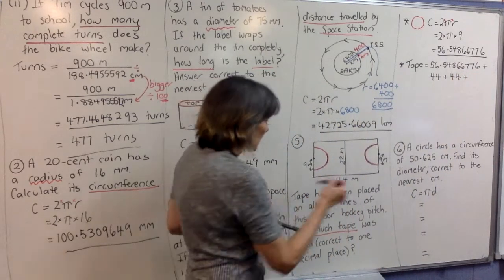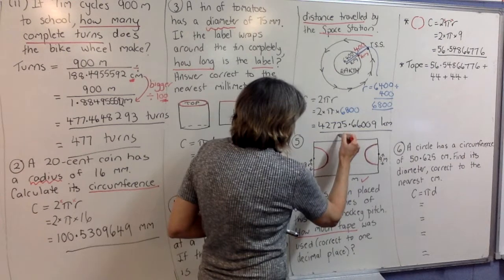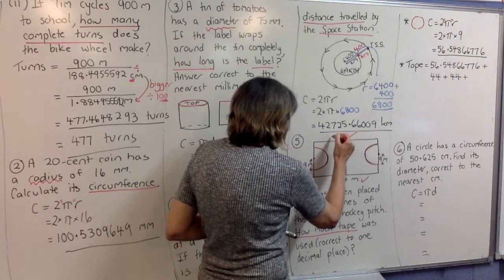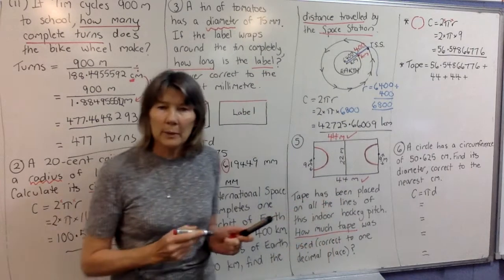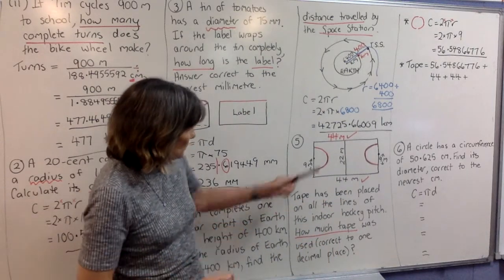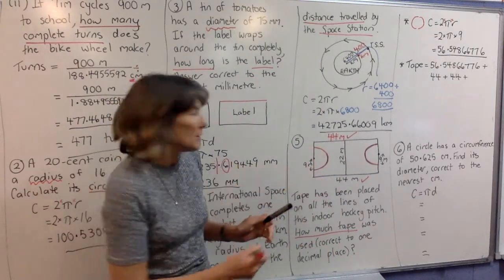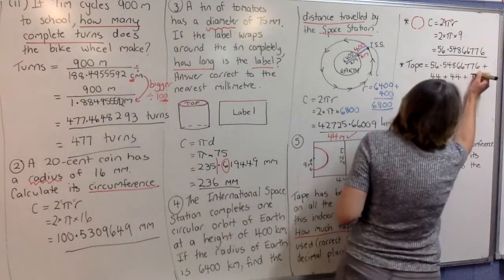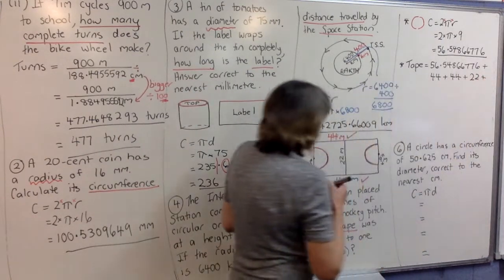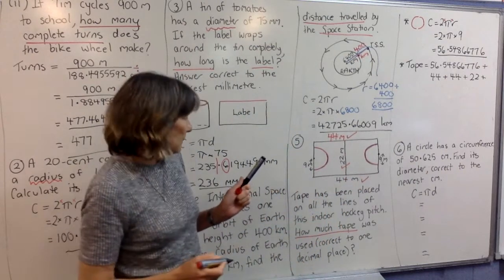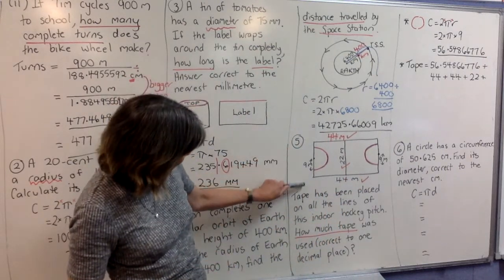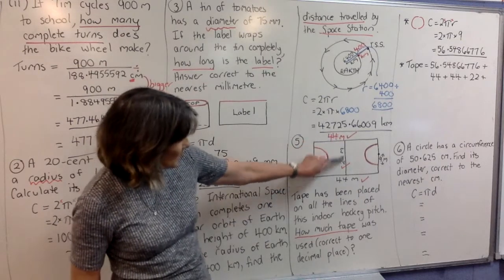Okay, so we've done this. We've done this one, which is another 44 up here. What else do we need to add? Well, we have to put tape down this line here. That's 22. And it's a good idea to do what I'm doing here and tick them off as we're going. And what else do we need to put tape on? We need to put tape on that line, which is going to be the same as that.